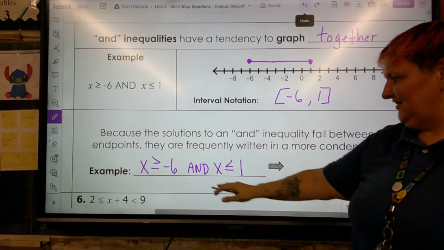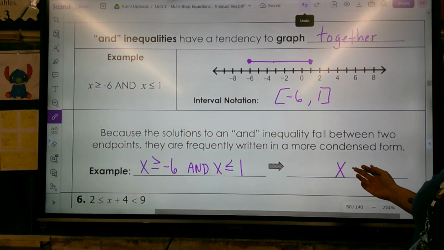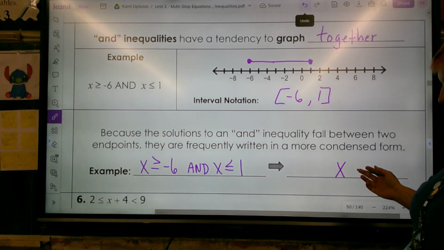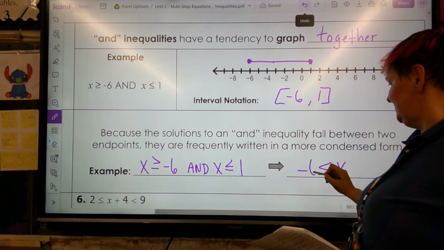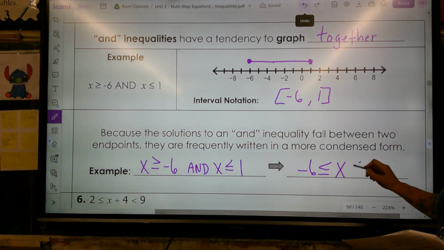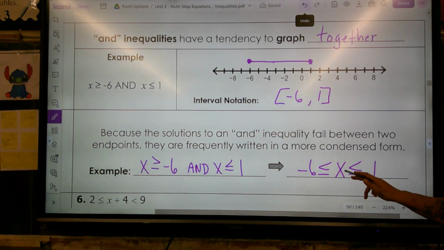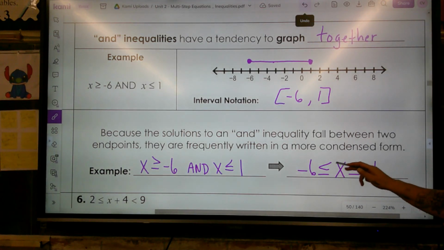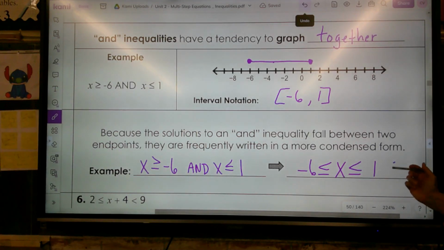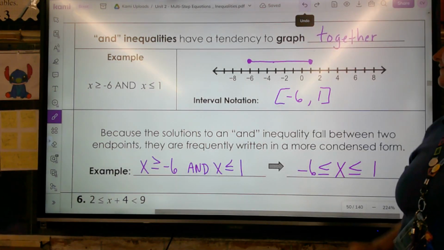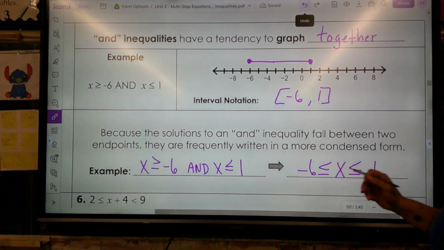Instead of writing it like this, we put x in the middle, right? Because it's going to be greater than or equal to negative 6, but it's going to be less than or equal to 1. So x has to be this and this. It's only the piece in the middle. So put x in the middle and then put the rules on the outside. Does that make sense? We'll do a couple of them.